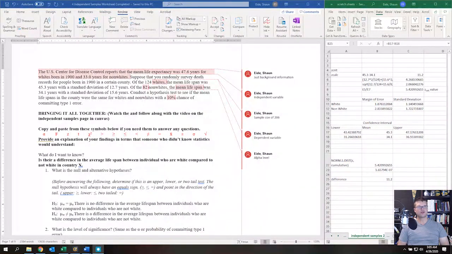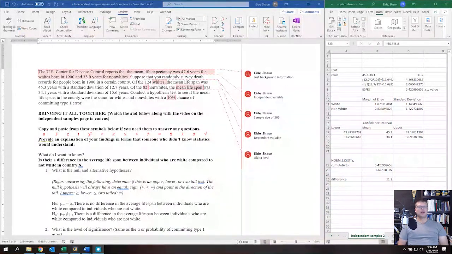So, this particular question states the U.S. Center for Disease Control reports that the mean life expectancy was 47.6 years for whites born in 1900 and 33 years for non-whites. Suppose that you randomly survey death records for people born in 1900 in a certain country.